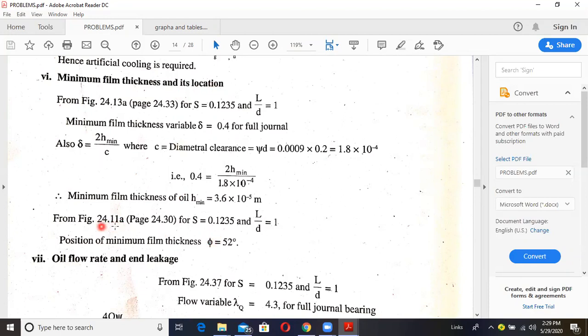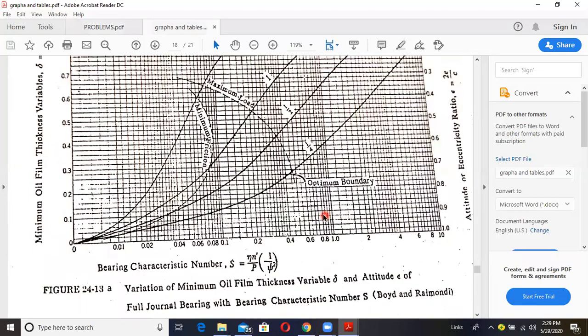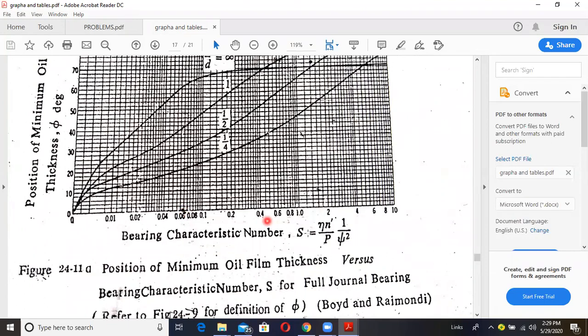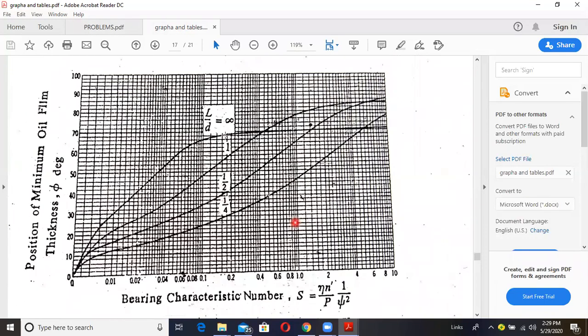Go to figure number 24.11a, which shows the position of minimum oil film thickness. Here also the x-axis is S and the curves are L by D. We have S equal to 0.125 and the curve is 1.